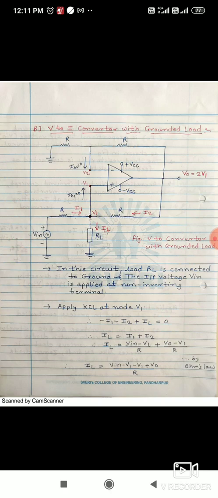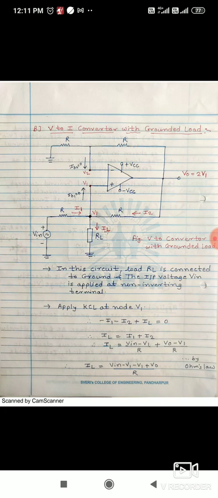So again here the voltage to current conversion is going on. We have understood the working, the description of this circuit, where the input is connected, where we have to take the output, and where the load resistor is connected.